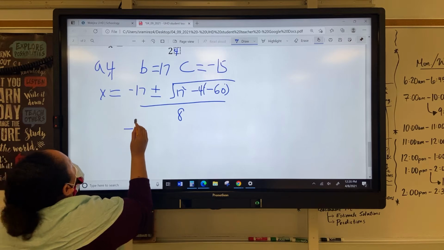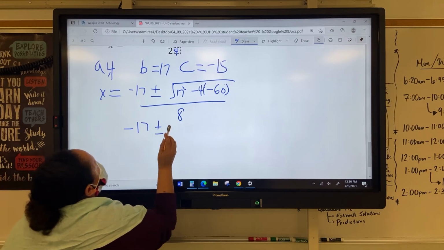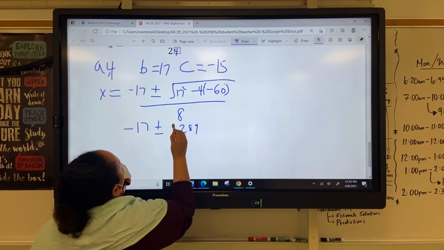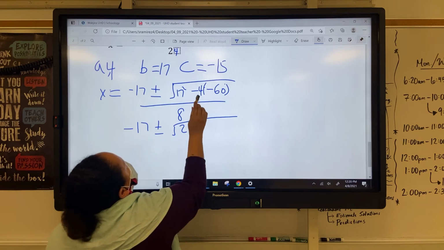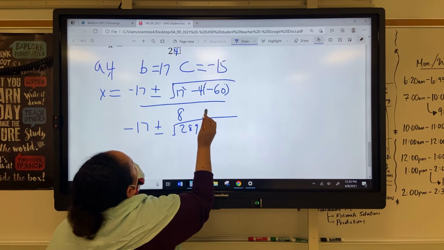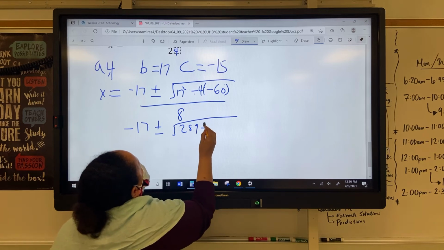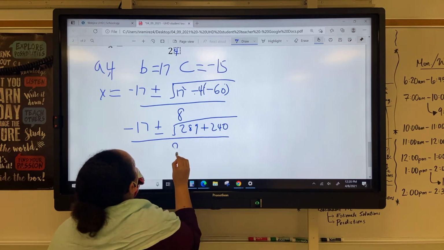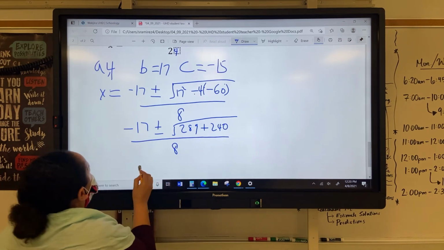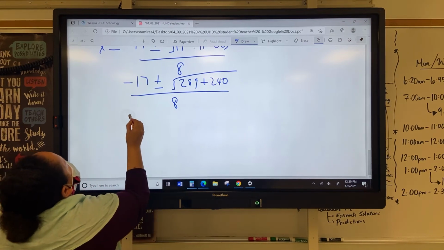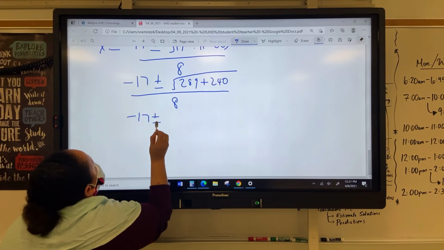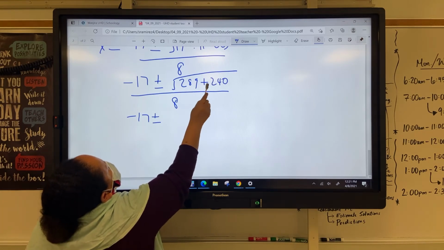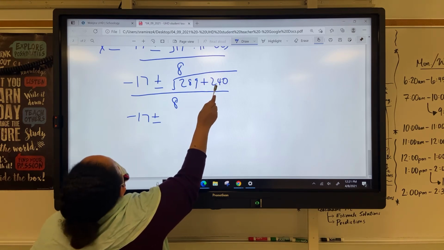Okay, we have minus 17 plus or minus 17 squared is 289. It's still under the square root. And 4 times 60 is 240, minus times that is plus 240, over 8. Now we have to do minus 17 plus or minus, we have to do 289 plus 240.